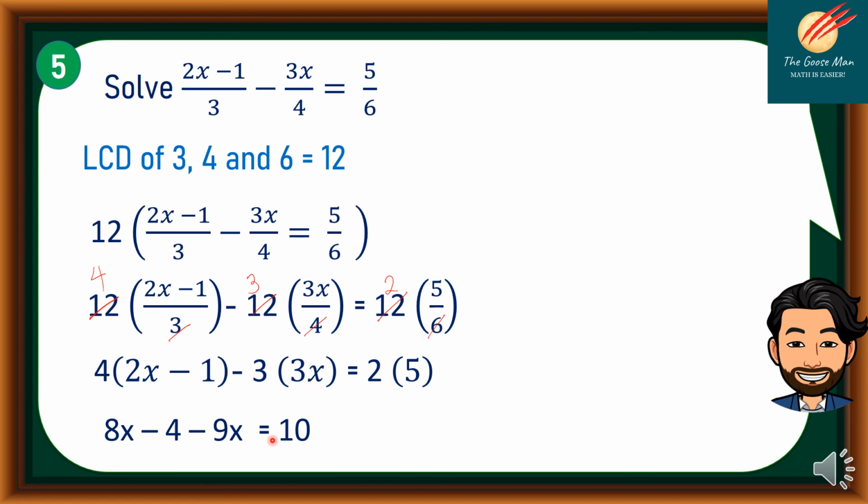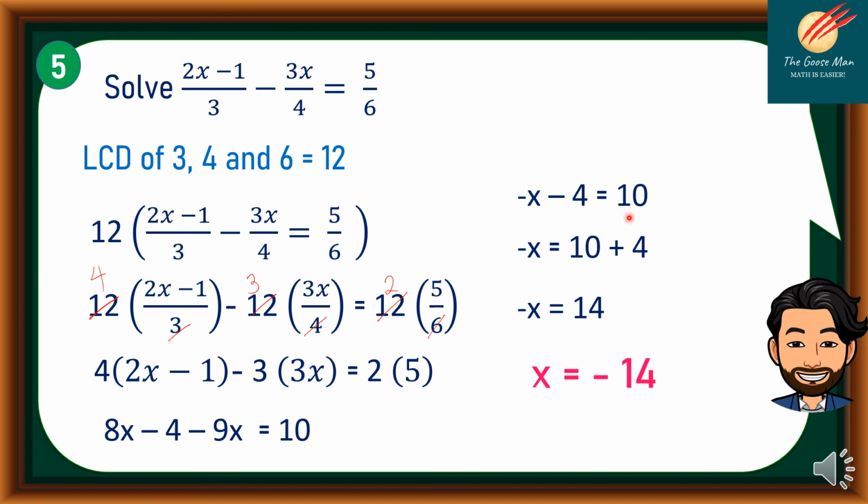Then we have this is equal to 10. So simplifying it further, 8x minus 9x is equal to negative x, minus 4 is equal to 10. Adding both sides of the equation by 4, so we have negative x is equal to 10 plus 4, or negative x is equal to 14. But I want to find the value of x, so x is equal to negative 14.